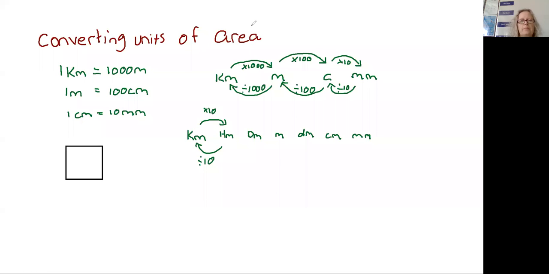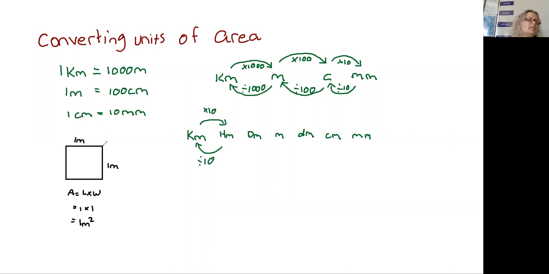So this square is 1 metre this way and 1 metre this way. And area of a square or a rectangle or whatever is length times width, which is 1 times 1, which gives us 1 square metre.